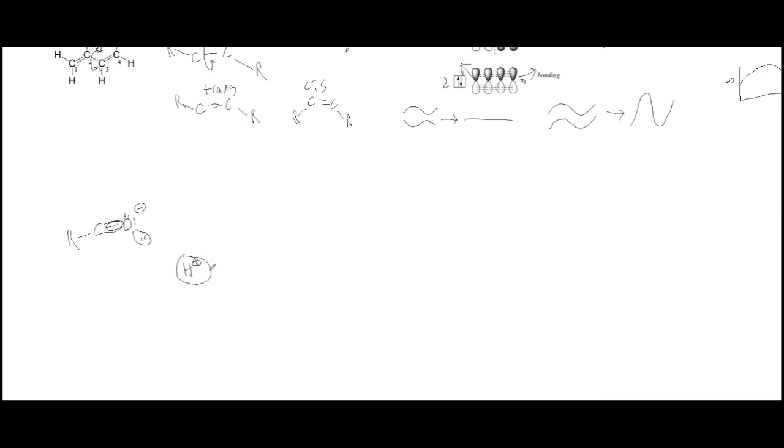It's an empty orbital, and these will fill up this empty s orbital so that we can create our bond. So we have our hybrid orbital overlapping with the s orbital, so that the electrons are now shared between the oxygen and the hydrogen.